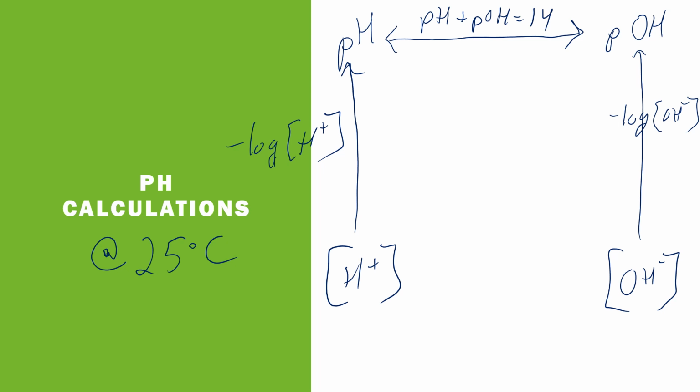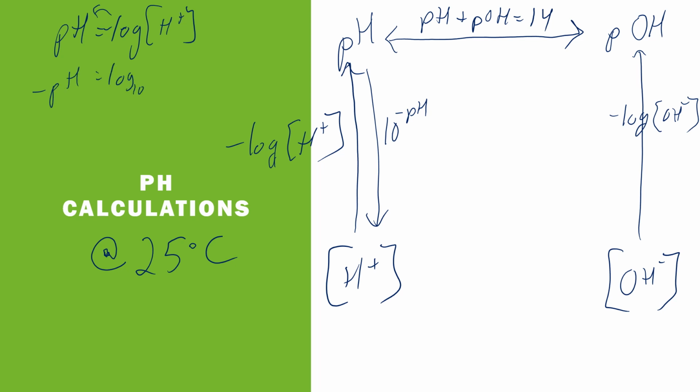So if I were to rearrange that for H+, you would get 10 to the negative pH. I'll show you really quick. pH equals negative log of the H+. I want to move the negative sign over first. Negative pH equals log base 10 of H+.